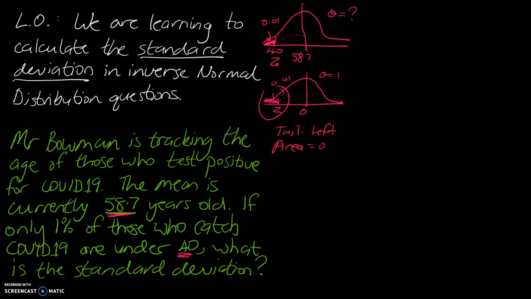We know the area is going to be 0.01 because that's the probability of those under 40. We know the standard deviation is always equal to 1, and we know the mean is going to be equal to 0. If we put that in our graphics calculator, the z value will come to negative 2.3263, and I've rounded that to 4 decimal points.